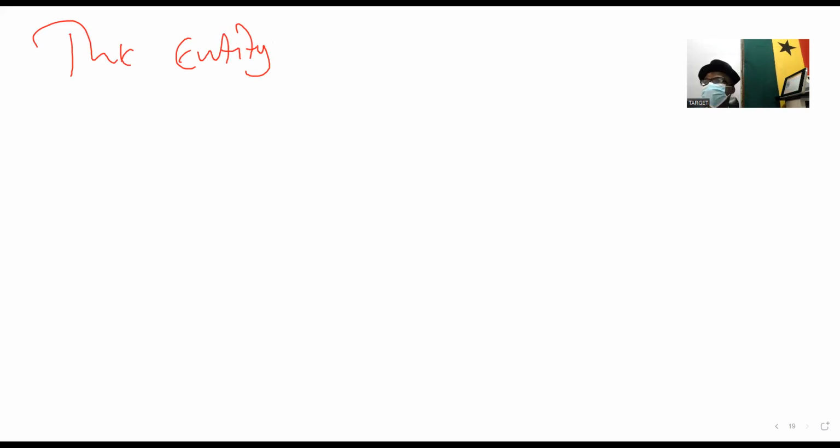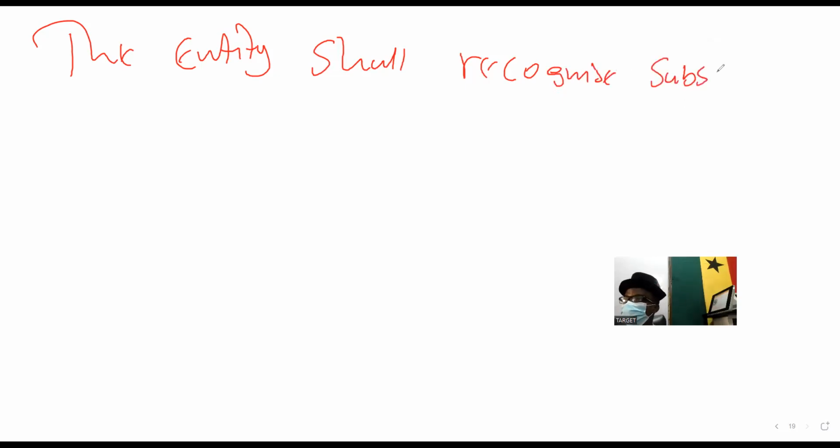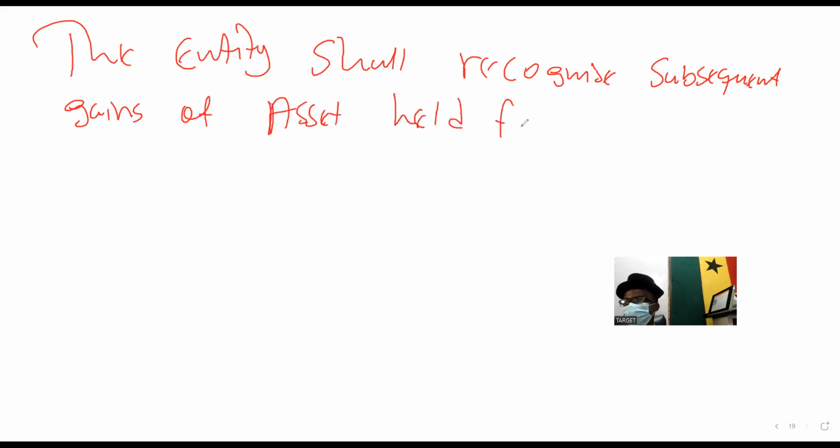That's the impairment loss. So the entity shall recognize subsequent gains on assets held for sale, but not in excess.